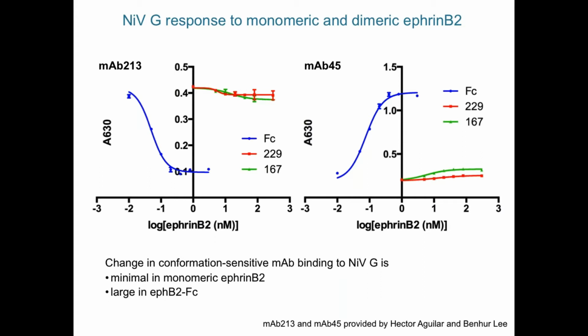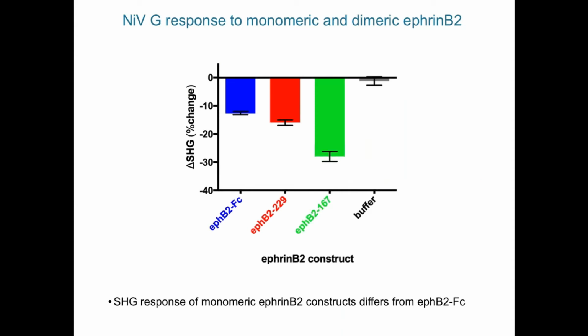However, binding to these two antibodies did not significantly change with increasing amounts of the monomeric constructs of FNB2, even at concentration ranges adjusted for their higher KD, which was measured to be about 10 nanomolar. Given the lack of apparent conformational change with the monomers, SHG revealed a surprise. Monomeric constructs of FNB2 also induce SHG signal change.